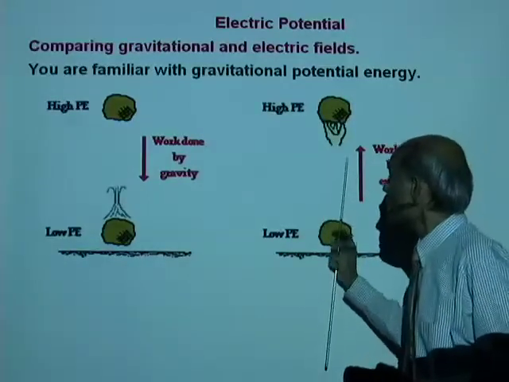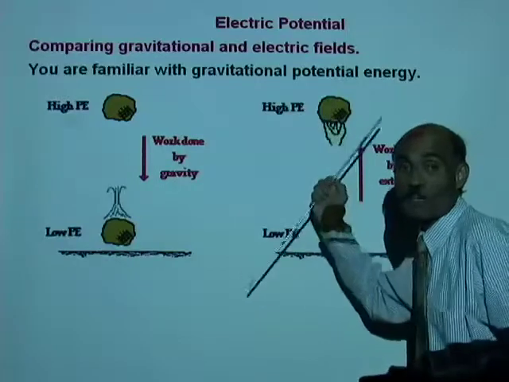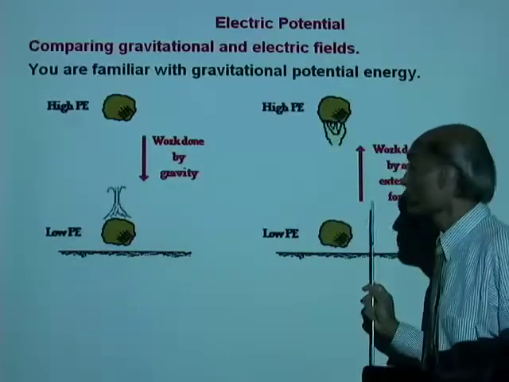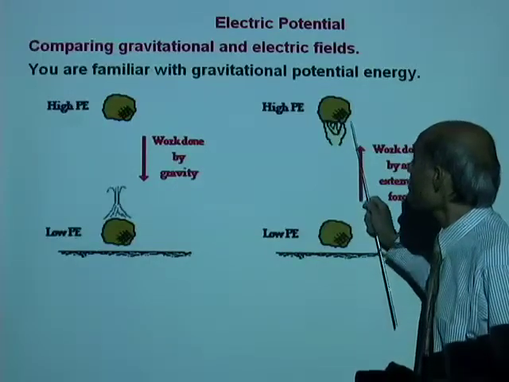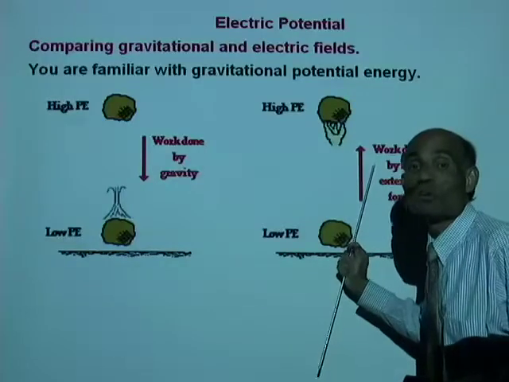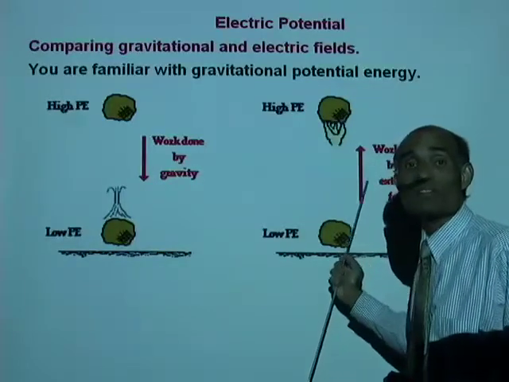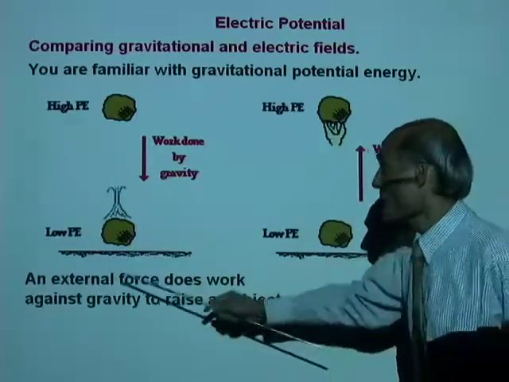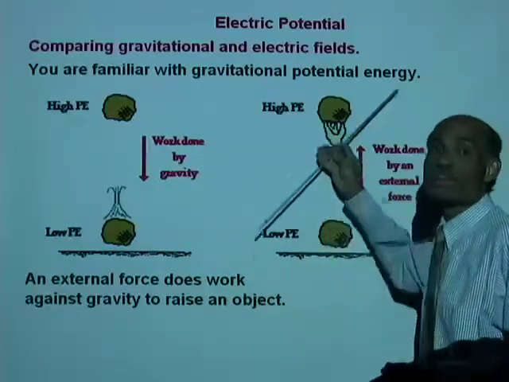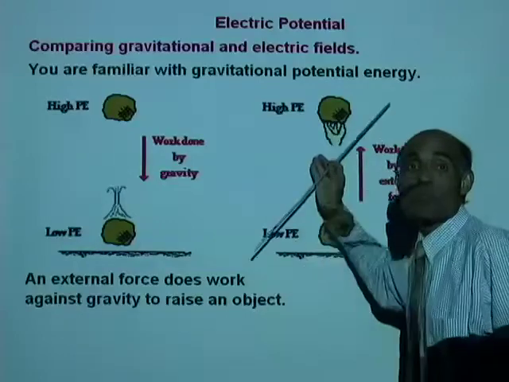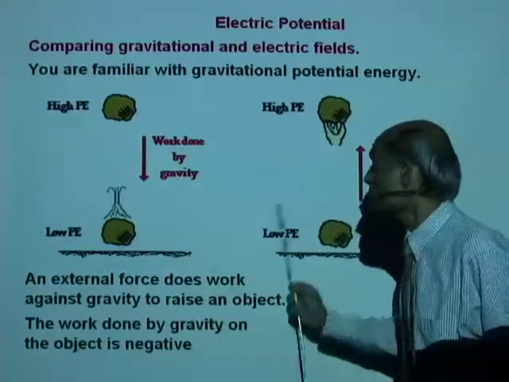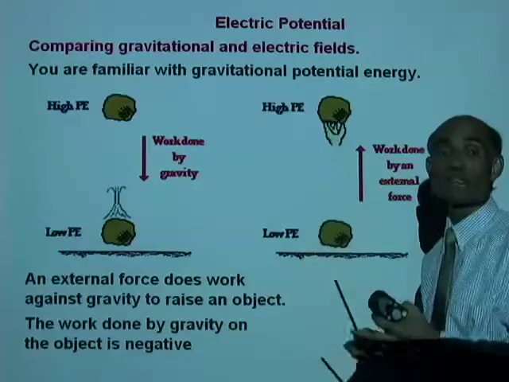If the force I apply is upward, the force gravity applies will be downward. Therefore, if the work I do is positive, the work gravity does will be negative. So an external force does work against gravity to raise the object, to raise the potential energy. The work done by gravity on the object will be negative.